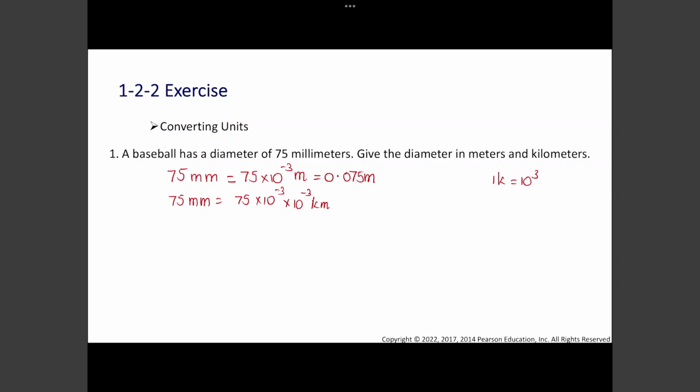Then we get the unit kilometer. Why? 1 kilo is 10 to the power 3, so 1 is 10 to the power minus 3 kilos. Because of that, we have to multiply by 10 to the power minus 3, and we get 0.00075 kilometers.